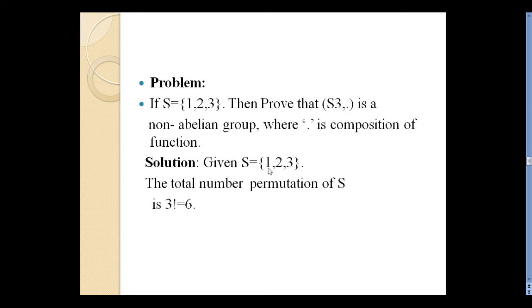Since given S is equal to 1, 2, 3, we want to find the total number of permutations. We have 3 elements, and the formula is n factorial. So 3 factorial is 6 types of permutations we are able to form, P1, P2, P3, P4, P5, P6, with the help of these 3 elements.